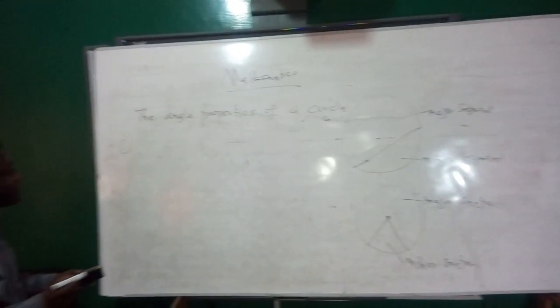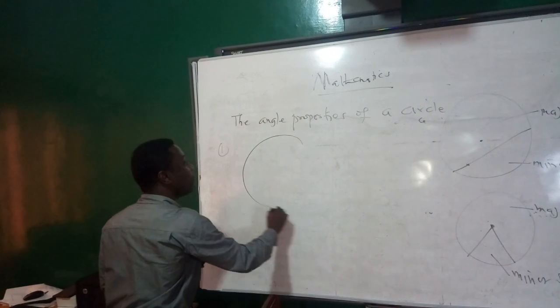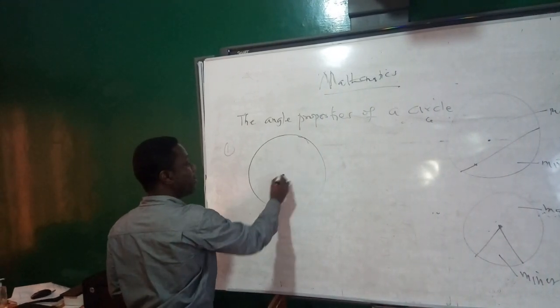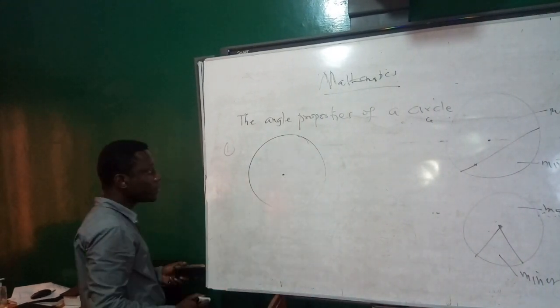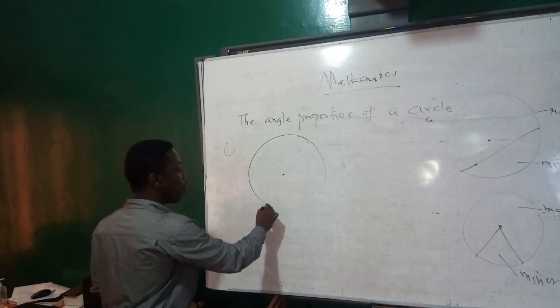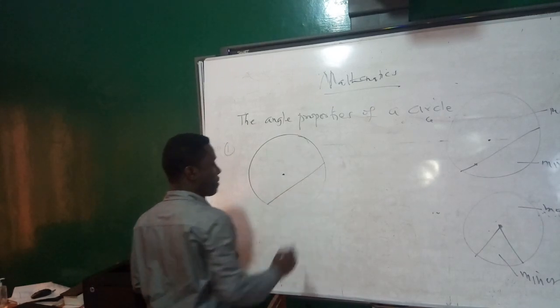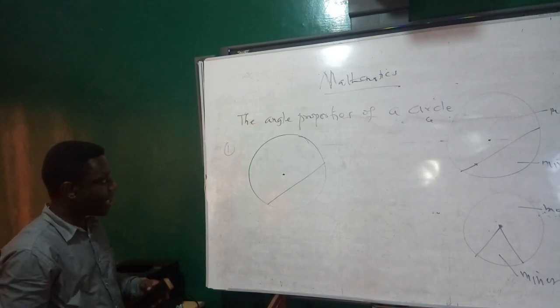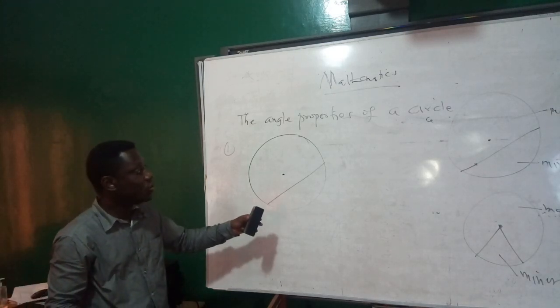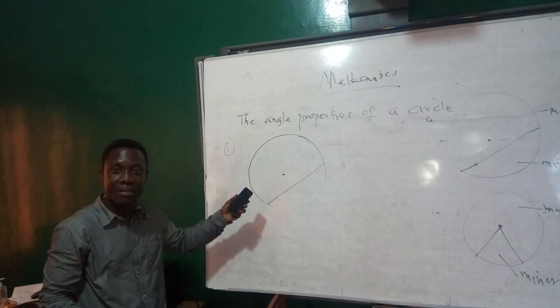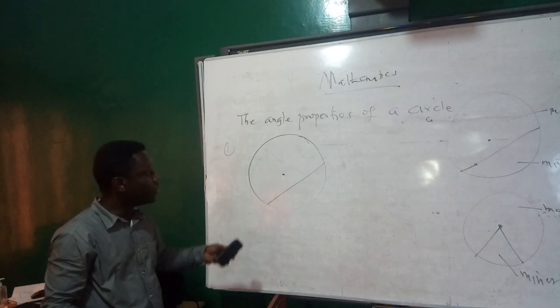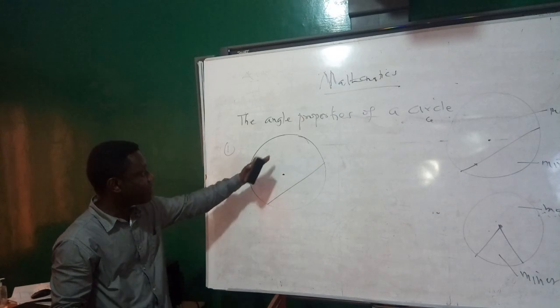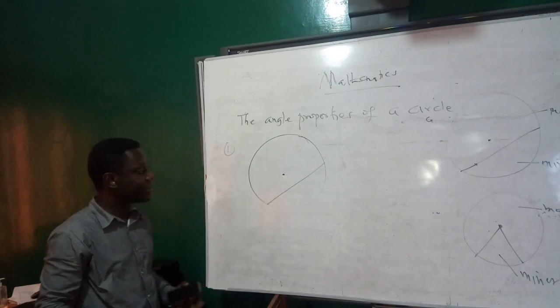So what it means is this: if I have a circle with a center and I have a chord, as I said earlier, once you have a chord you divide the circle into two segments. So you have this major segment and then this minor segment.